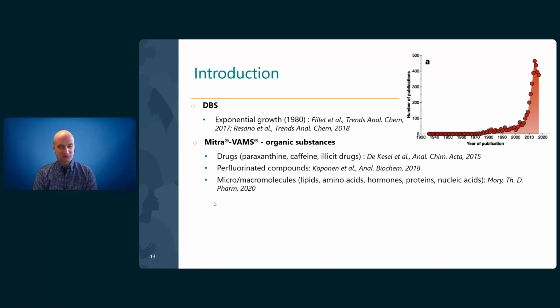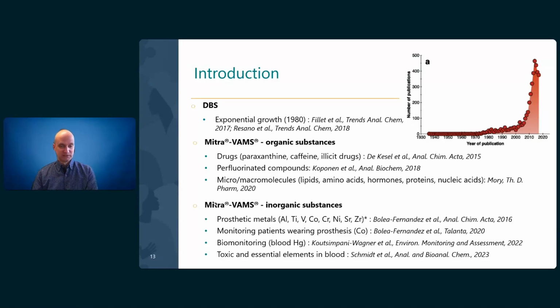So there are different papers on drug analysis, perfluorinated compounds, PFAS, and other micro and macromolecules like lipids, amino acids, and so on. So there's a lot of literature on organic substances, but less on inorganic substances.